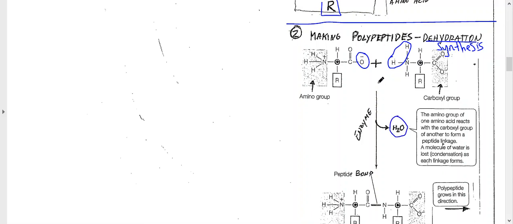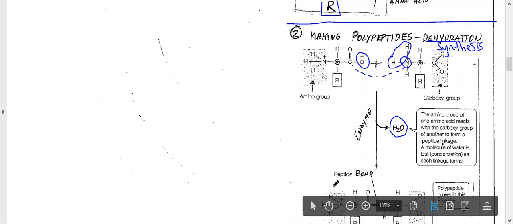And as a result, the carbon of this carboxyl group forms a covalent bond with the nitrogen of the other amino acid's amino group. And that bond is called a peptide bond.